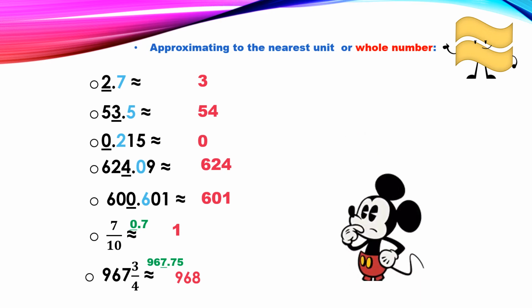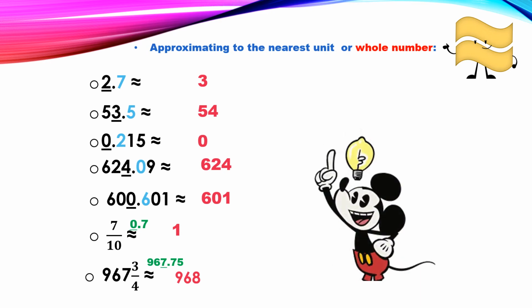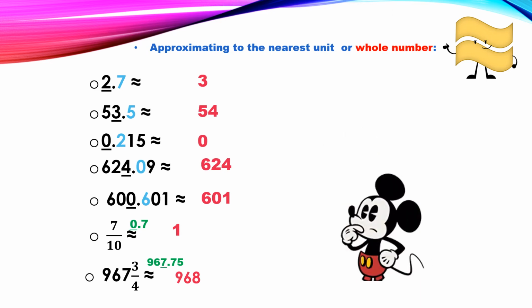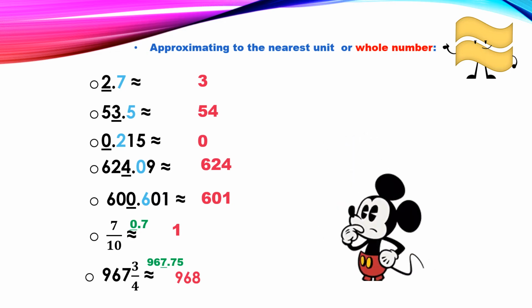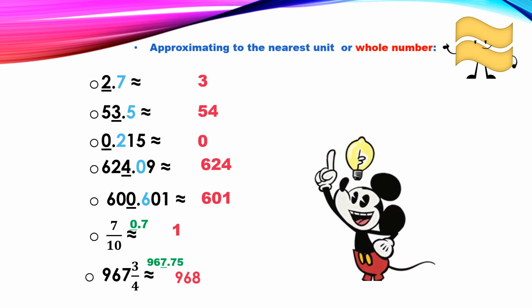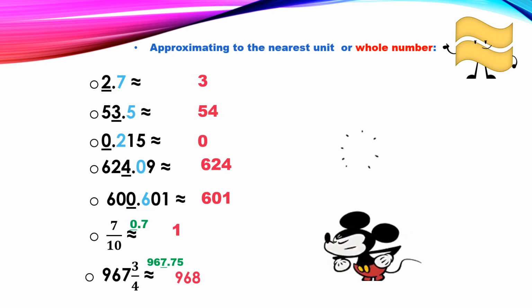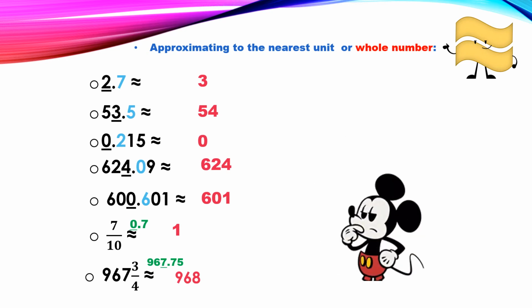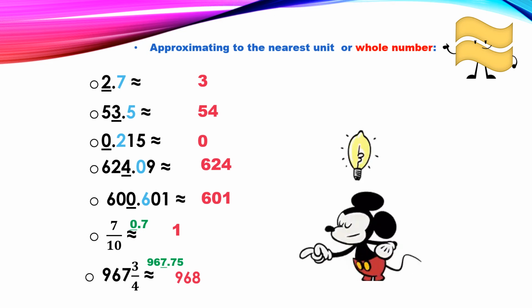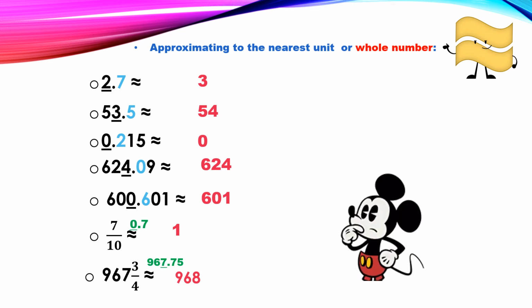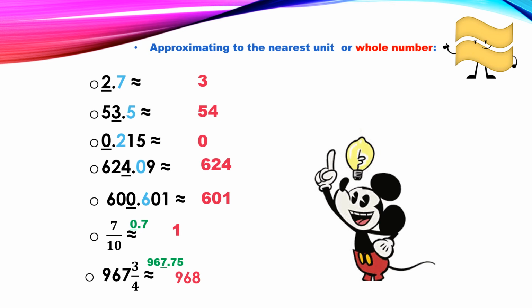How to convert 4 to 100? Times 25, of course. So I will multiply 3/4 by 25 in the numerator and the denominator. When I convert this mixed number to decimal, the answer will be 967 and 75 hundredths.